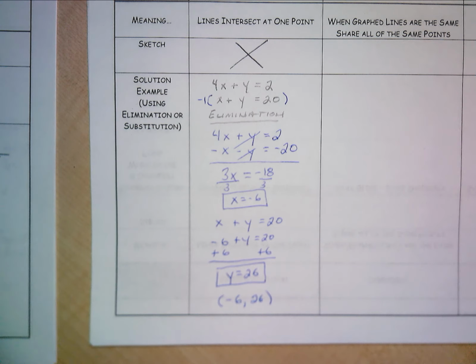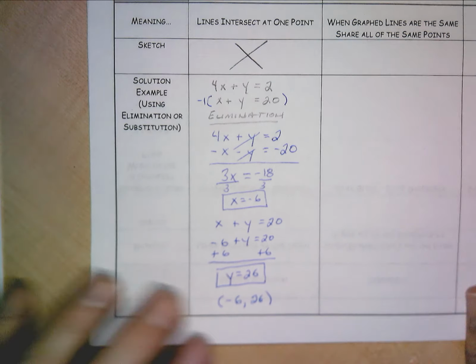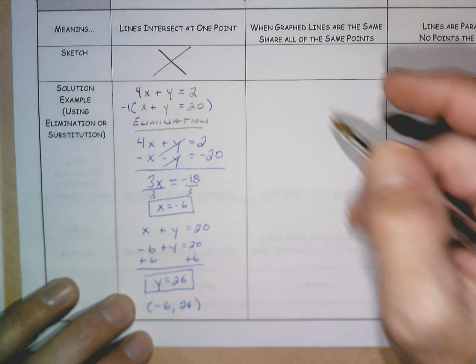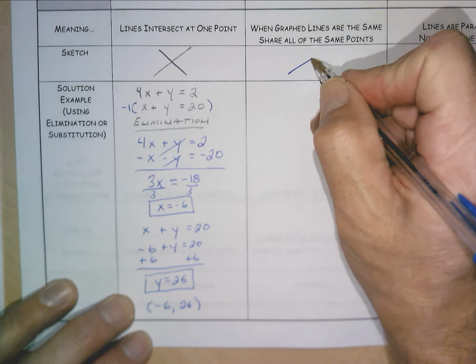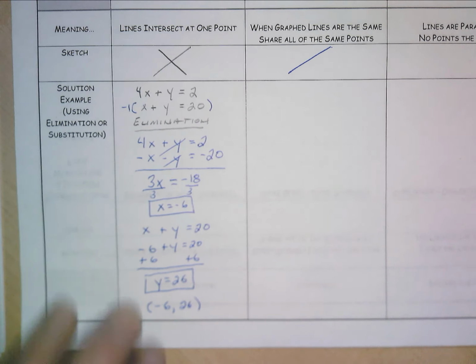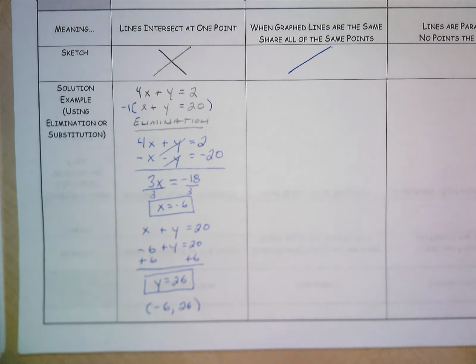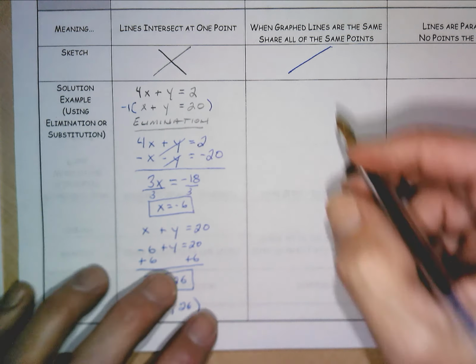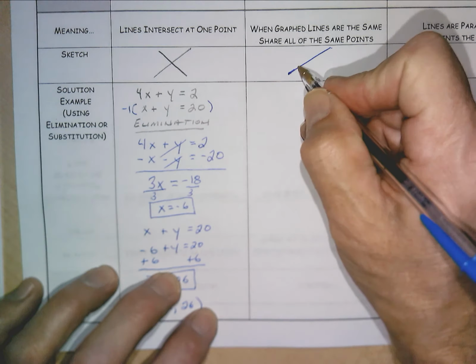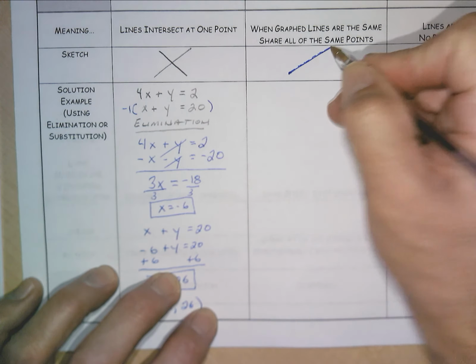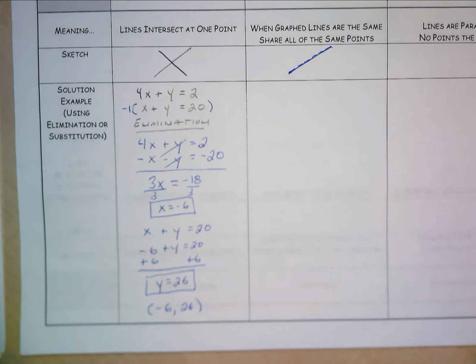Now, one of the things that can happen is when we graph these, we can graph the first line and it will turn out to be, obviously, a line on the coordinate plane. And then when we graph the second one, it lays right on top of the first one. But how do we recognize that when we're using our algebraic means of solving a system of equations?